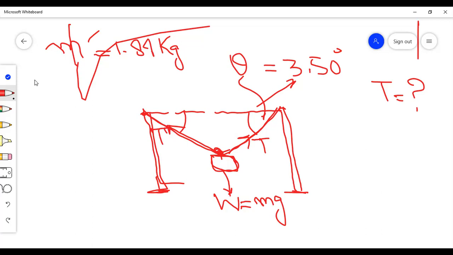That's why I am representing T and T. So this is all about the figure.